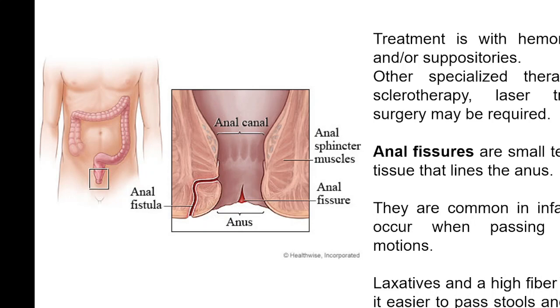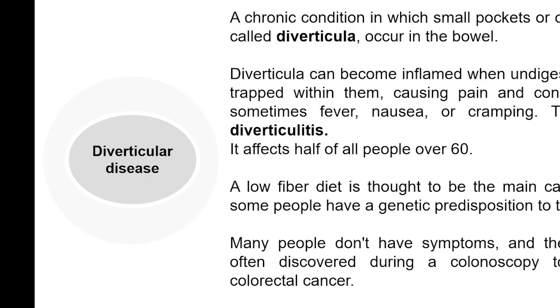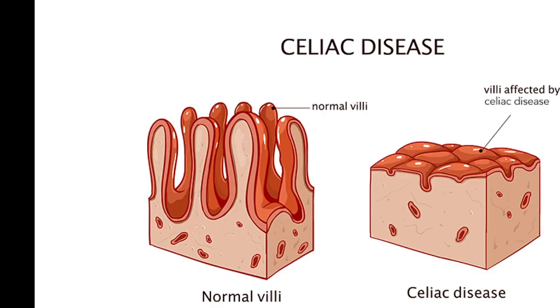Only through colonoscopy or sigmoidoscopy will you be able to understand what the problem is. There also blood will be coming out of your anus. In the case of several diseases, it can be this anal fissure, or hemorrhoids, or sometimes celiac disease.